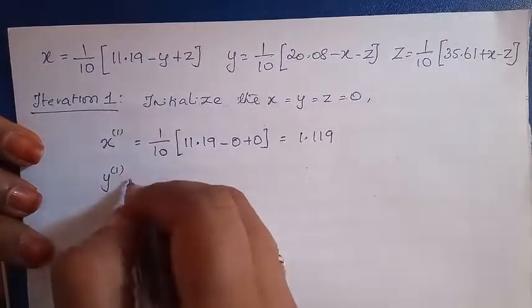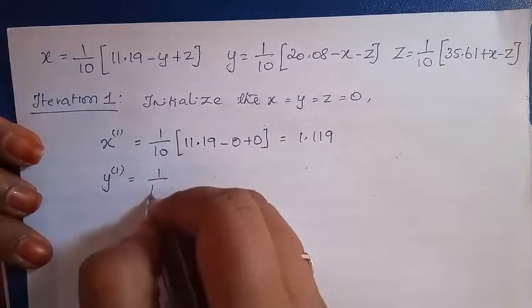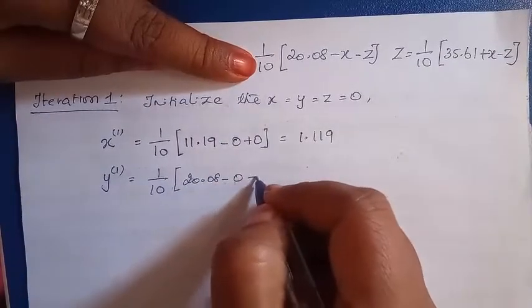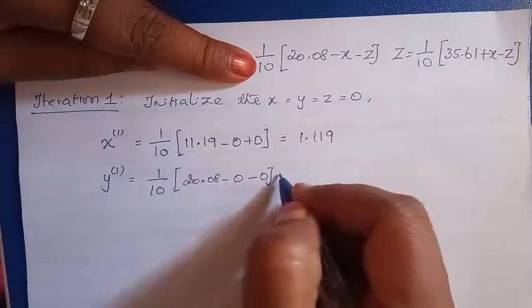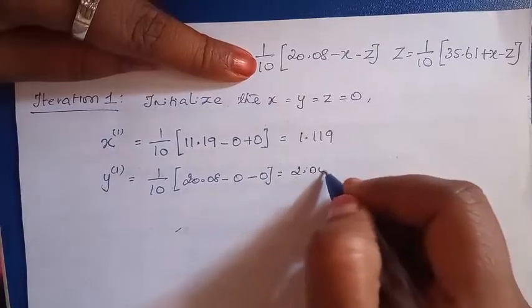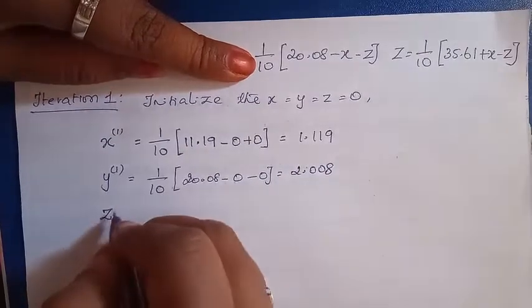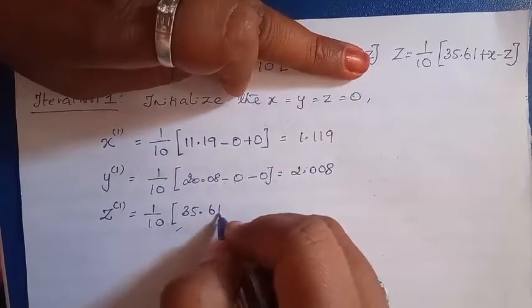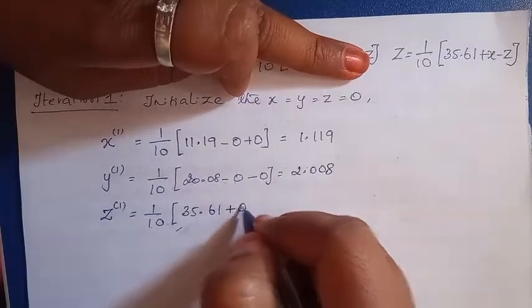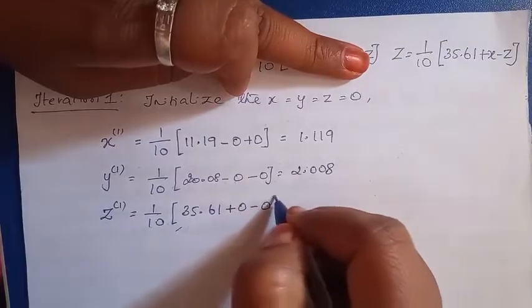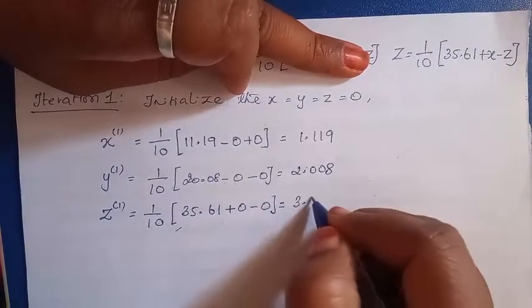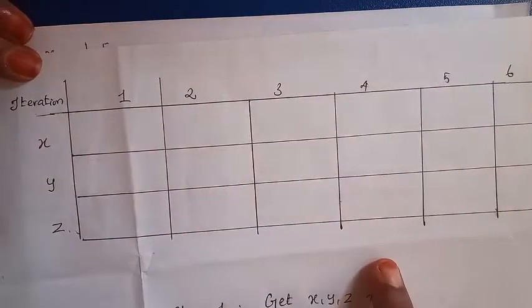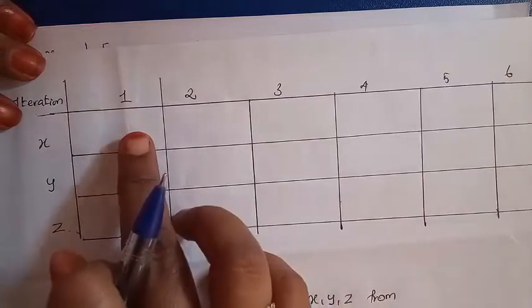Similarly, the y value, it is y by 10, 20.08 minus x value is 0 and z value is also 0, 2.008. Then z value 1 by 10, 35.61 plus x value is 0 minus z value is also 0, 3.561.